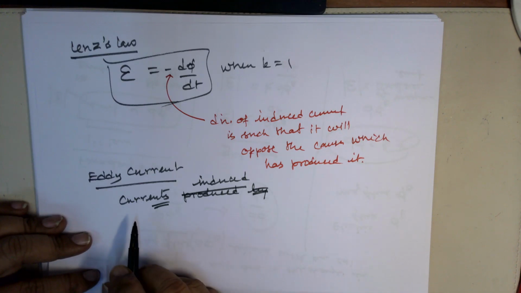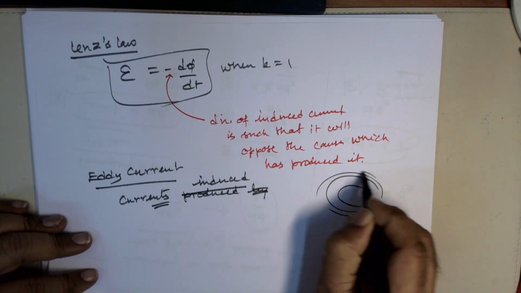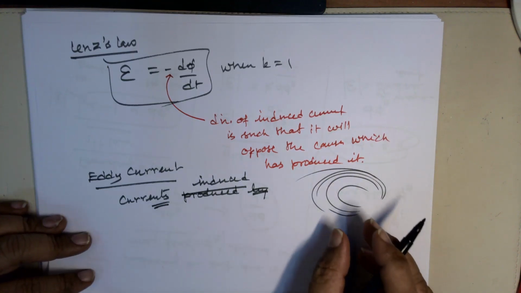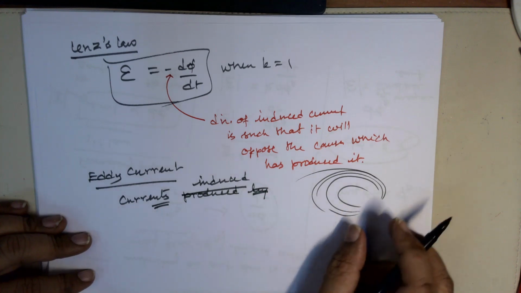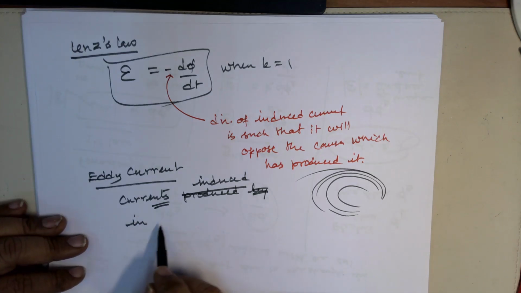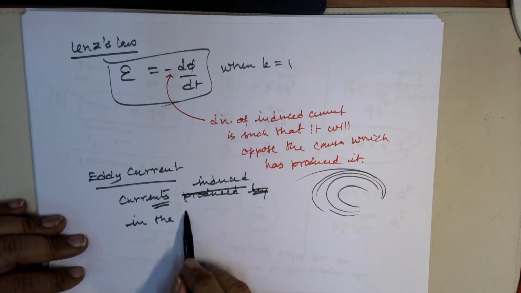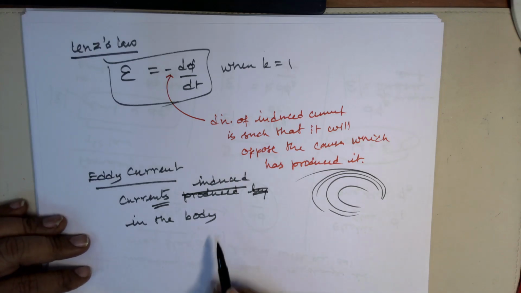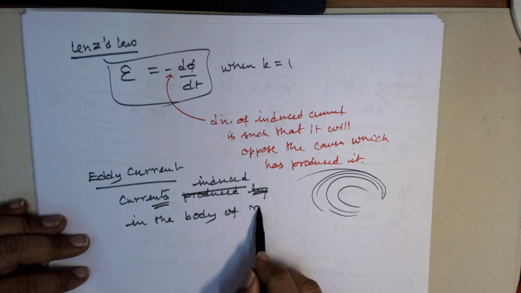Likewise, there are so many swirling currents produced in the body. It is induced in the body of metallic mass.